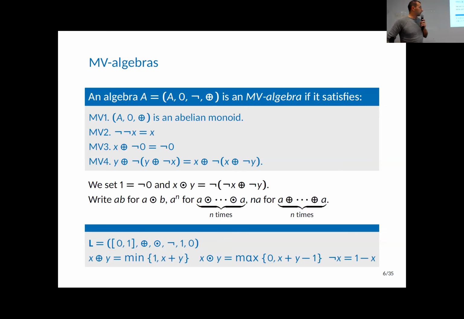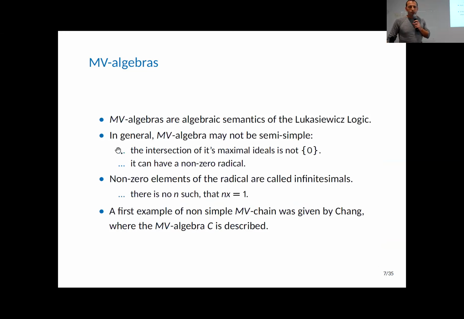The algebra L is the main MV algebra as it generates the whole variety of MV algebras. But what we concentrate on mostly will be the MV algebras that are not semi-simple.